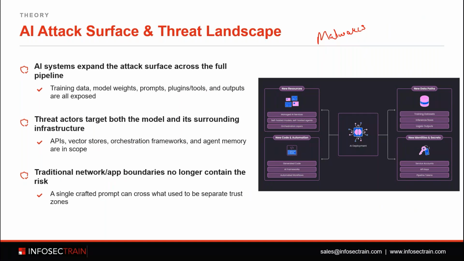So Expel notes insider threats, or insider risk from careless or malicious AI use alongside external threats, right? So that's the threat landscape. So attack surface means the entry points. The threat landscape means the adversary behavior, right? What they are doing, where they are using AI, how they are using the AI.